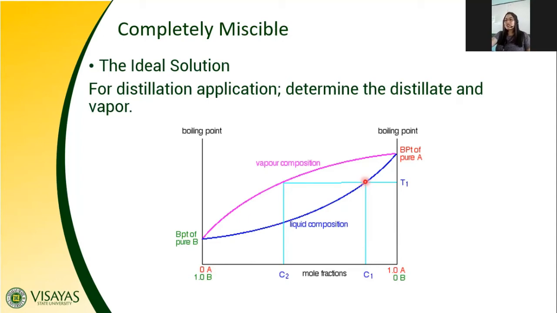So at this point here, at composition 1, this is the point where the first liquid phase occurs. So you can collect distillate in that particular phase with this composition at C1.